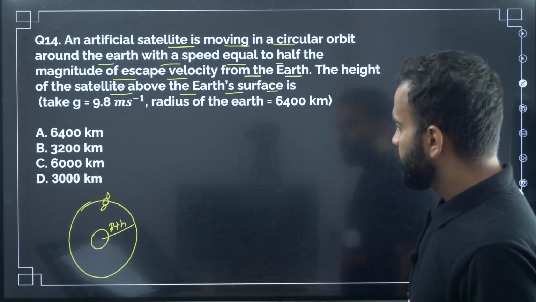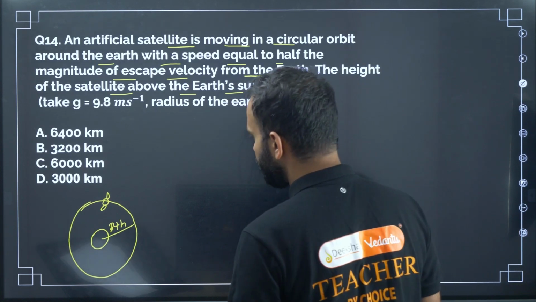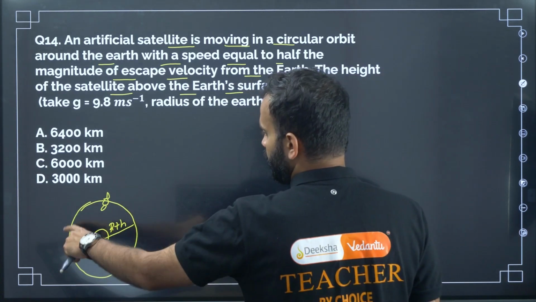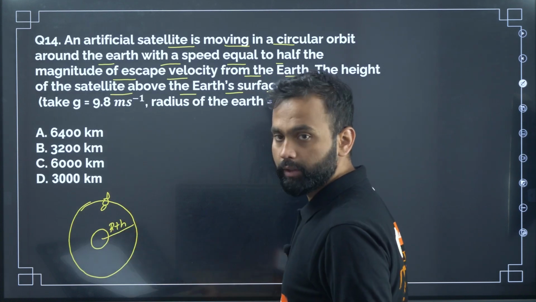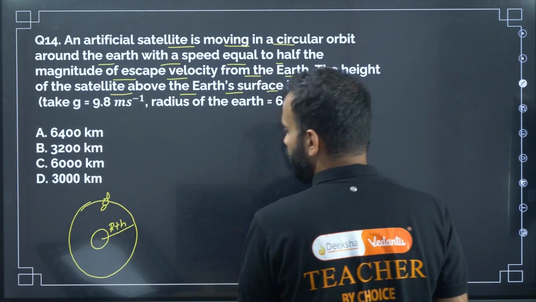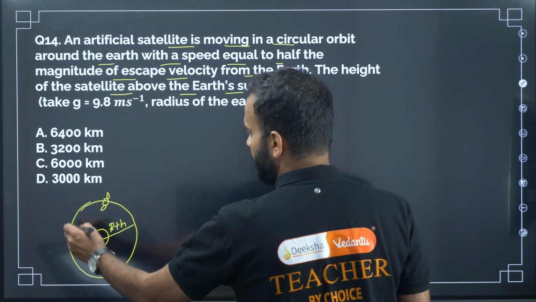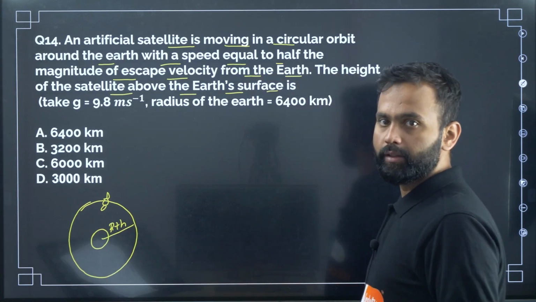Okay. So now this satellite is moving around the orbit in a circular path, right? So now the centripetal force is provided by the gravitational force.